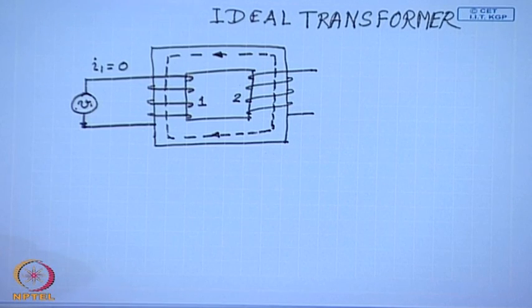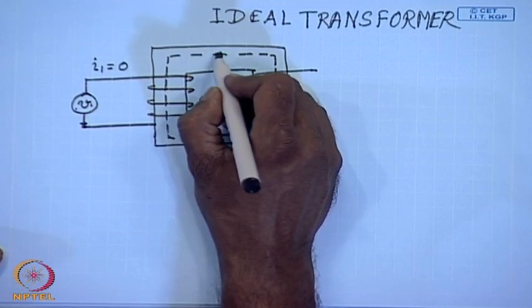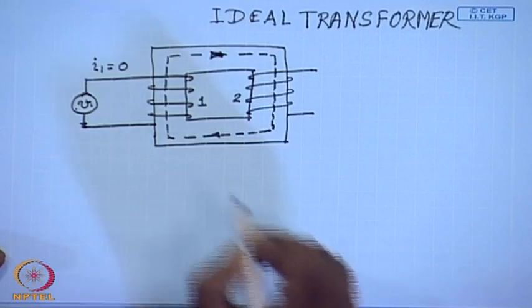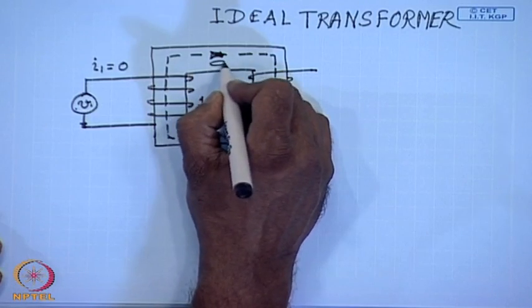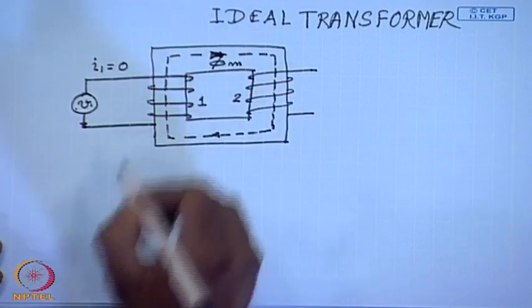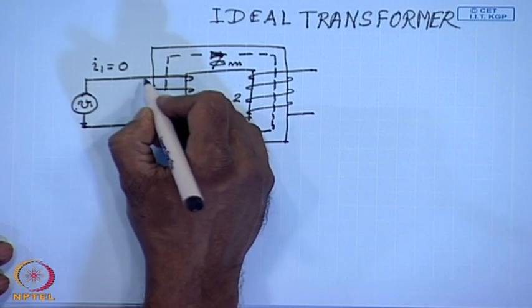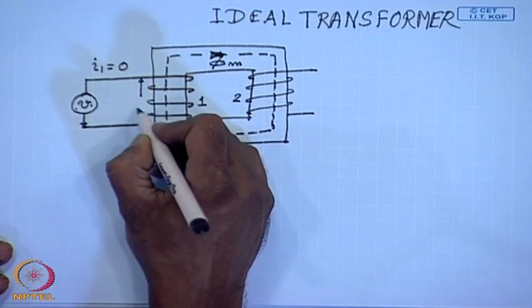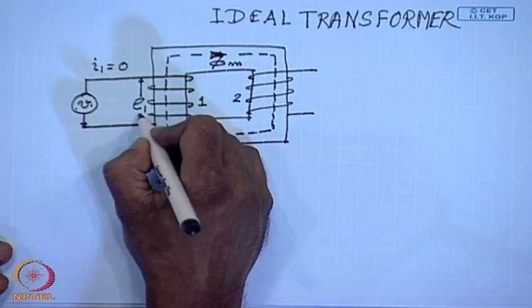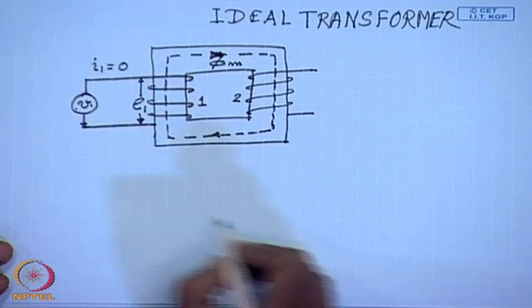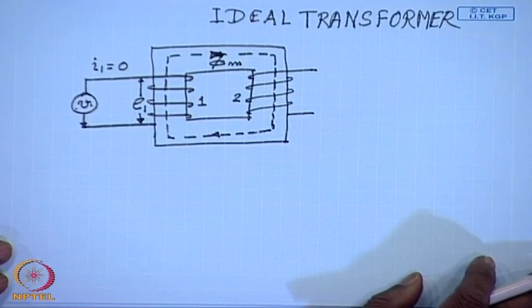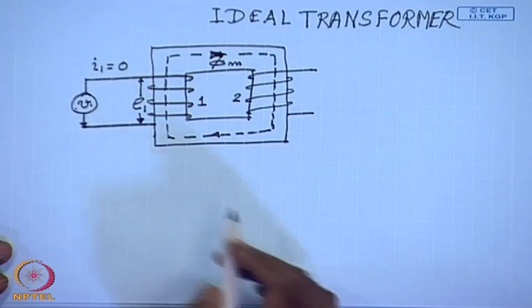Then we should also conclude that the voltage induced across coil 1, E1, must exactly balance the applied voltage V1 so that the current is 0.